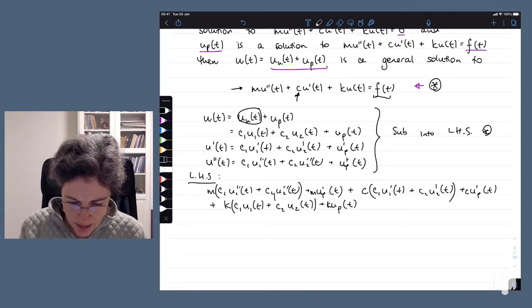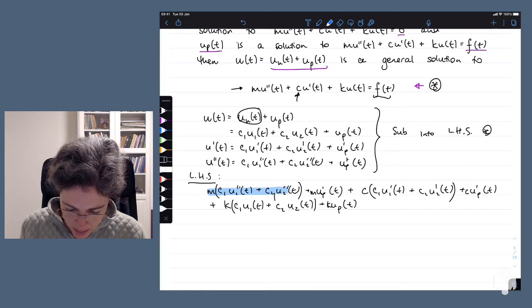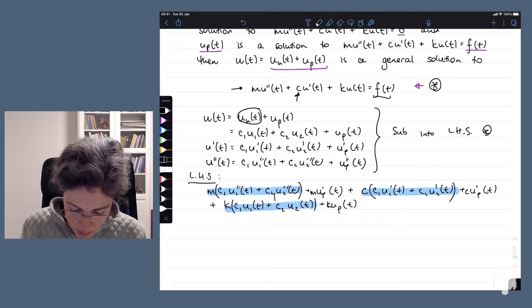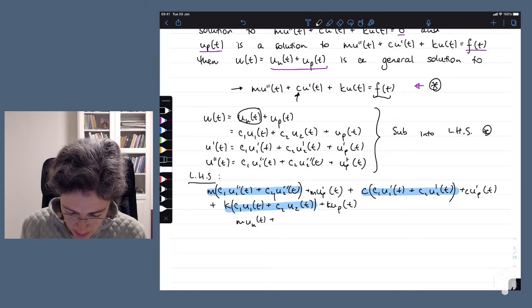Now you'll notice that if I look at these terms, those terms are really just m u_h double prime of t plus c u_h prime of t plus k u_h of t.